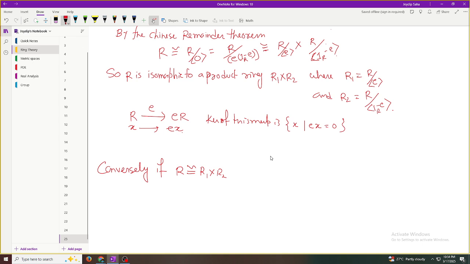Tell me, 1 equals E plus 1 minus E, right? So x equals Ex plus (1 minus E)x. Now Ex is 0 if and only if x equals (1 minus E)x. This implies x belongs to the 1 minus E generated ideal.